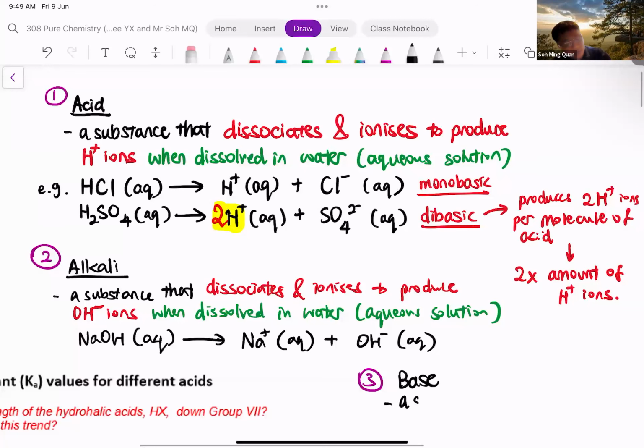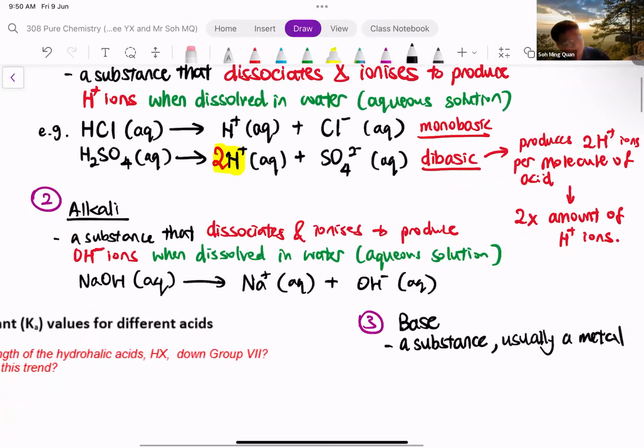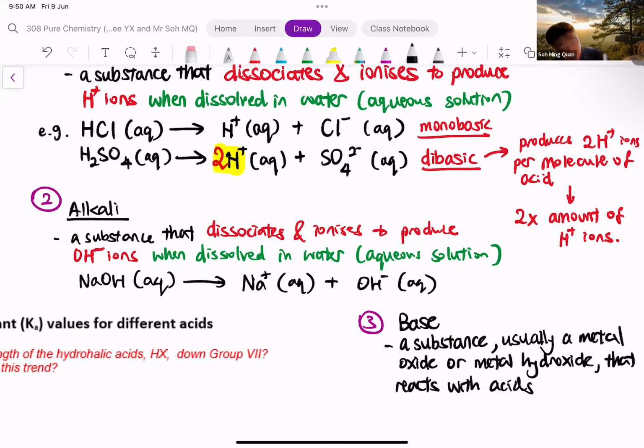A base is actually a substance, usually a metal oxide or metal hydroxide, that reacts with acids to form a salt and water.